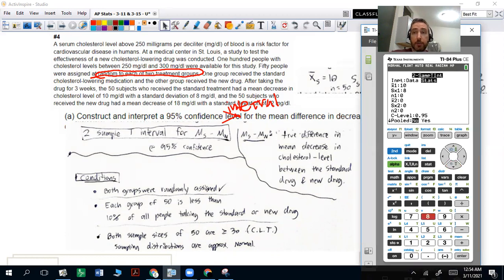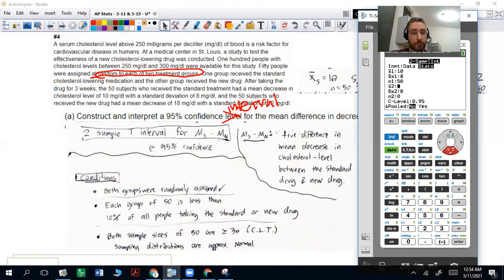So actually the direction I'm doing that's going to give us a negative number. That's okay though. Then the other one would be for the new one, 18, 12, and 50. And it says 95% confidence. Leave the pooled alone, click calculate.